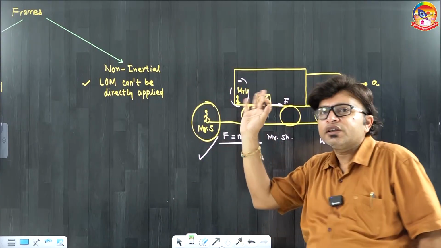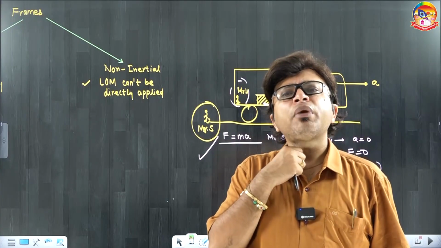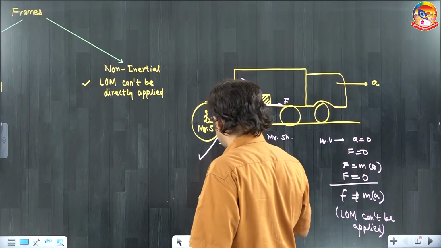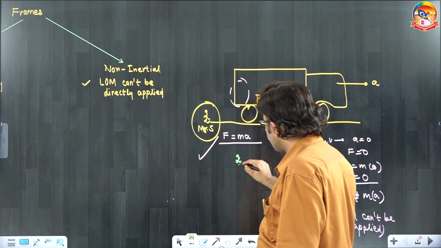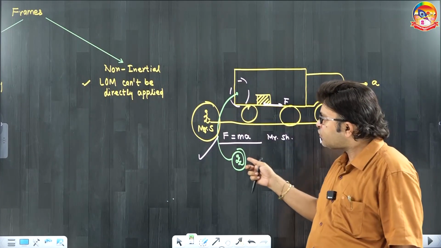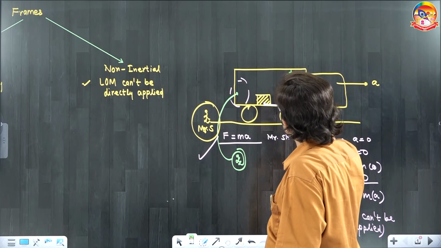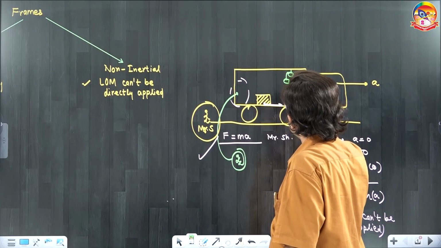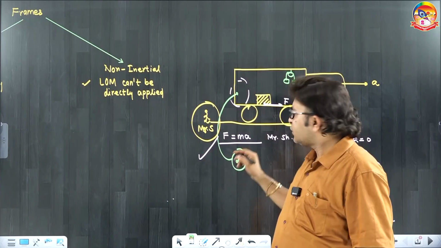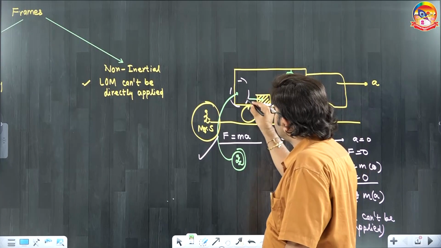So Sharma ji and Verma ji started discussing, and he said let's plan out certain things. So what I will do is, I will call Verma ji outside first of all. So Verma ji came here and now he is trying to move back into this. When he is trying to move back, he said let's do one thing. Whatever bodies are present here, suppose there is a block here, there is a block here, any table is lying here or anything, the moment I go in this frame, I will apply an imaginary force on all the bodies present in this frame.